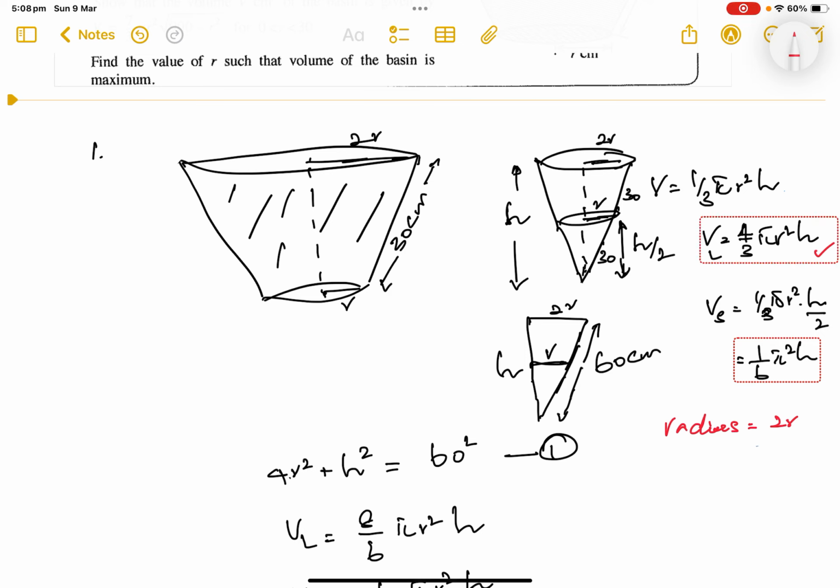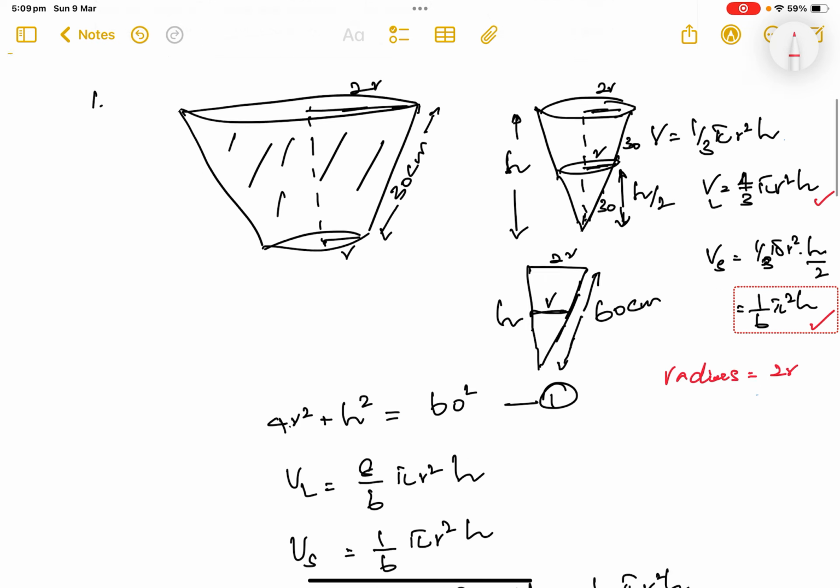And the smaller cone, which is the bottom cone, again has height half of h and radius r. So 1/3 pi r squared times h over 2 gives 1/6 pi r squared h. That's the small cone. The big cone minus the small cone will give us the frustum.